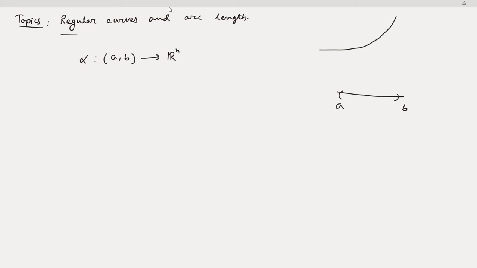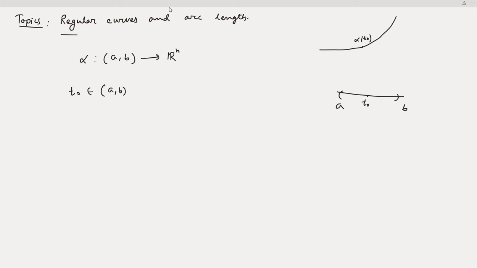So this is the trace of alpha. Let t naught belong to the open interval (a, b), and here is the corresponding point alpha of t naught.